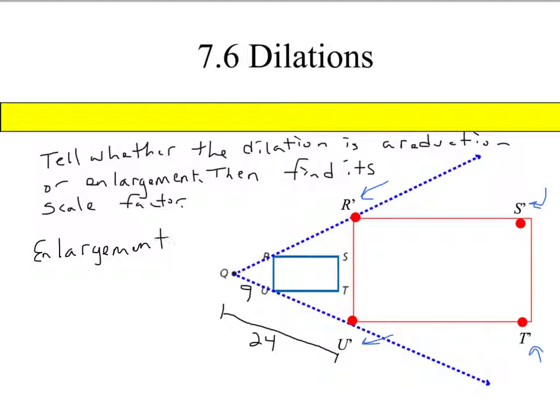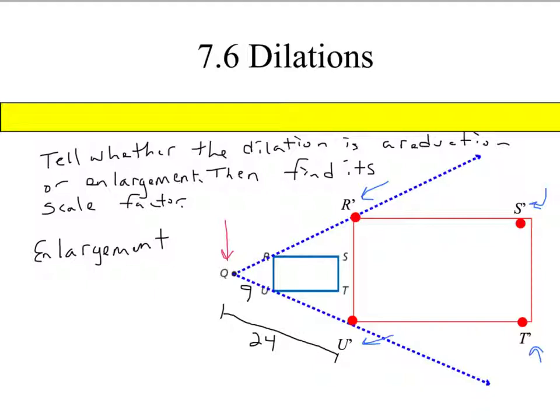Absolutely. Now we have to figure out the scale factor. Yesterday we talked about the center of dilation, basically where you look to start. And our center of dilation, you will notice, is Q. When you're finding a scale factor, we use the distance from our center of dilation to our image.